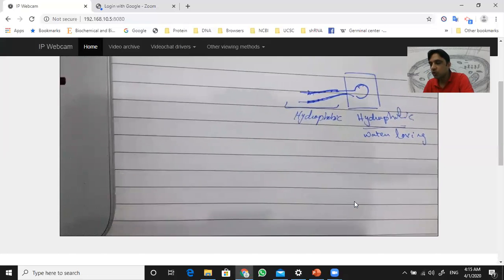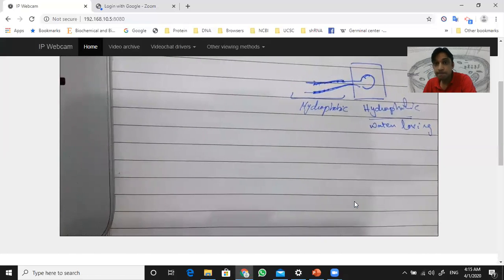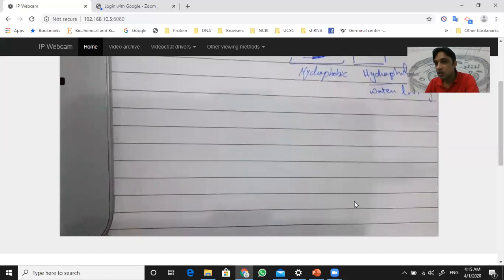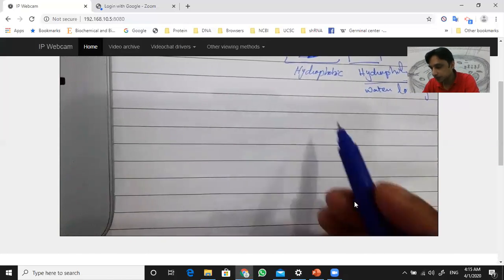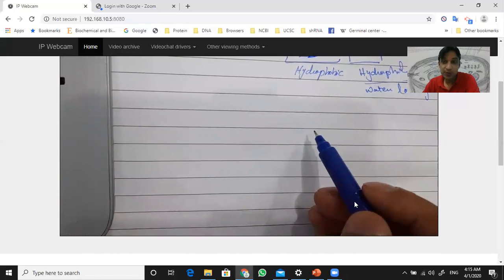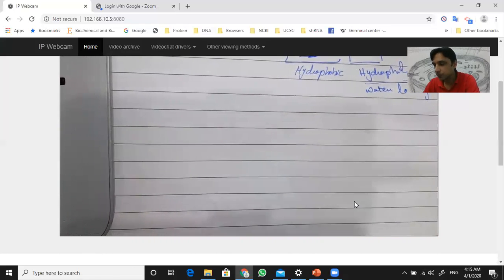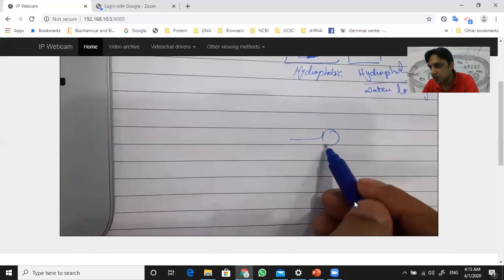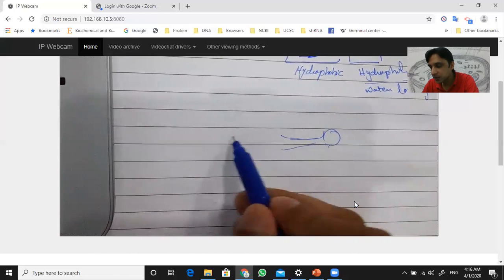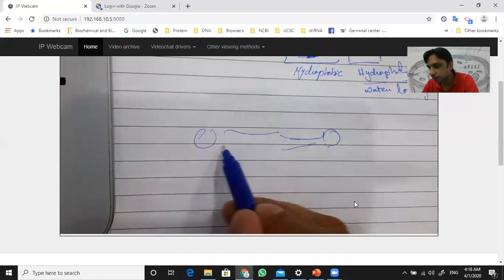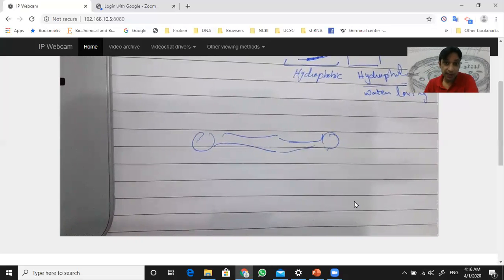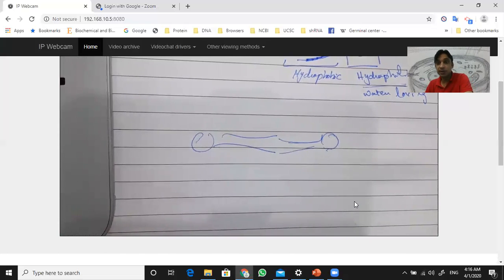So one lipid molecule is made up of two ends, the hydrophilic and the hydrophobic. When the lipid molecules are present together in a solution, naturally the hydrophobic ends, the water repelling ends, attract each other, because it's the law of nature for solubility that like dissolves like. Similar things dissolve in similar things.